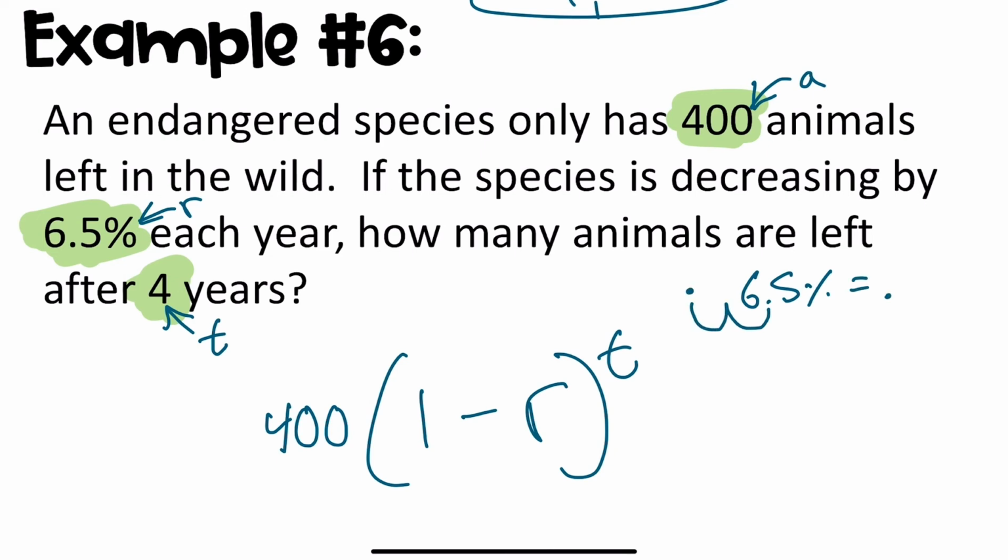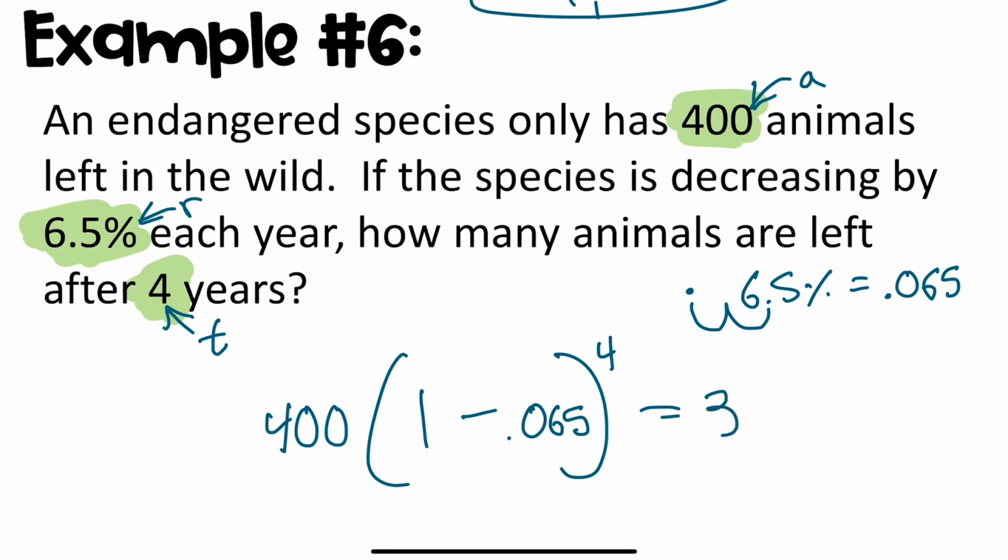So we have 0.065 instead of R. And then time t, t is 4 years. Cool. Plug all of that into your calculator. 400, parentheses, 1 minus 0.065, parentheses, caret 4.